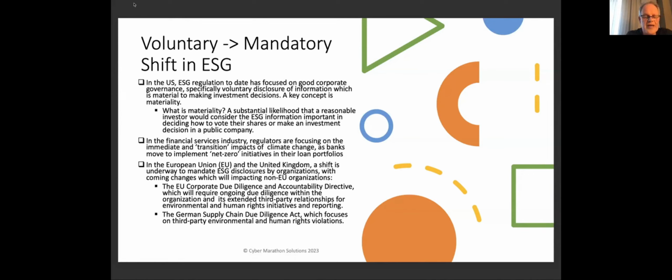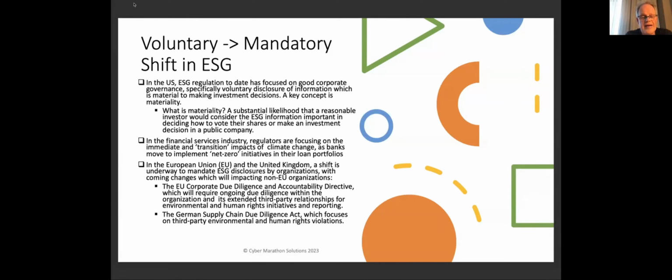So Germany has already passed a law called the Supply Chain Due Diligence Act, which focuses specifically on companies and their third parties and both their environmental and human rights violations. And this is already law and it's already a practice in Germany.